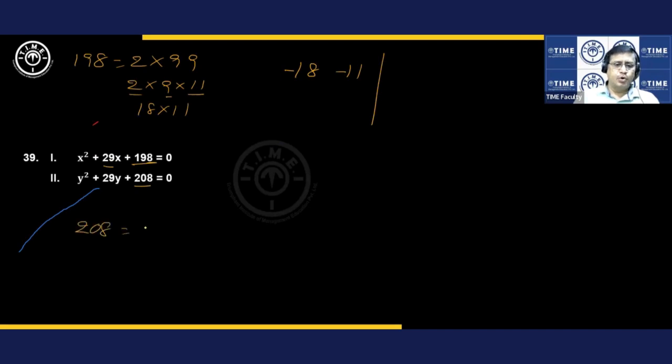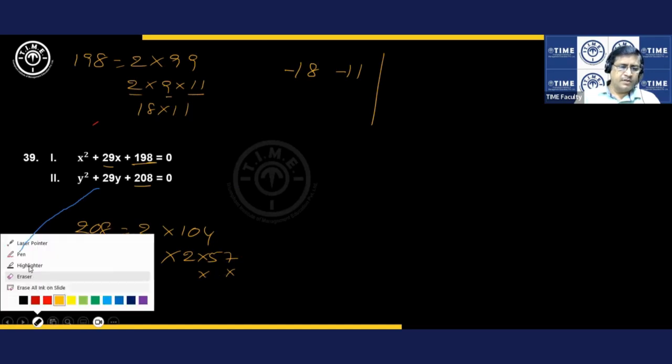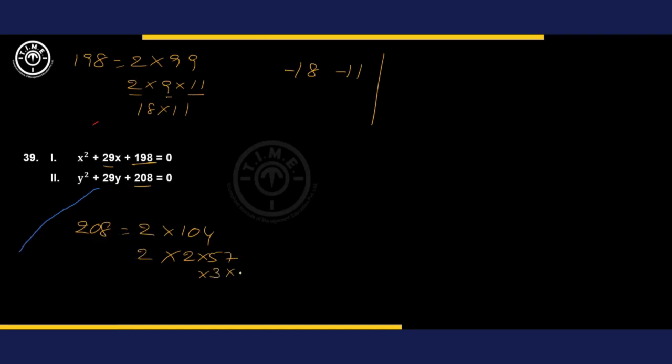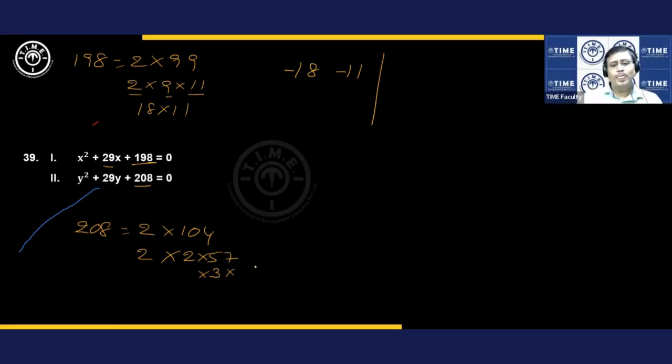Second one, 208. 208 means 2 times 104. What is the simplification here? 2 times 52.